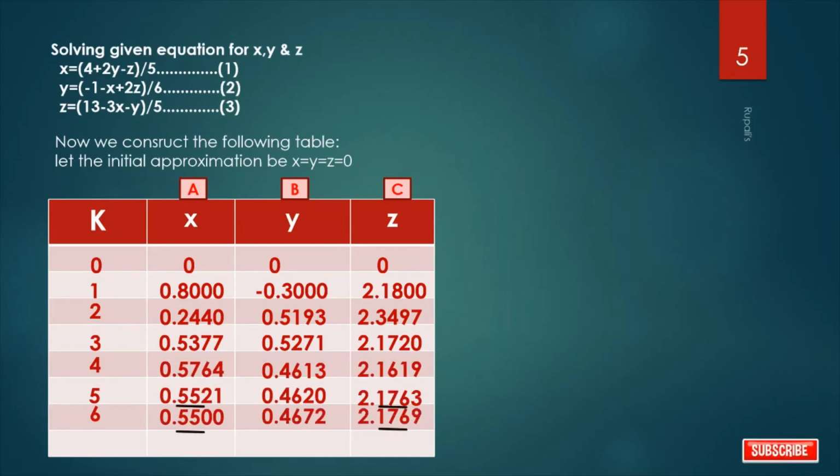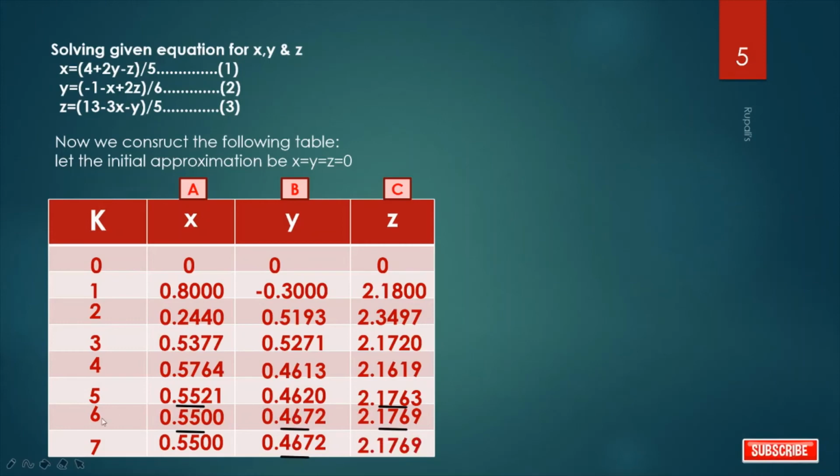Now see, for iterations 5 and 6, the x values and z values are the same. They are correct up to 2 decimal places. But the y values are not the same. So I take another iteration, and I get these two values.